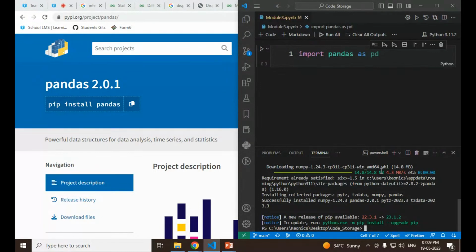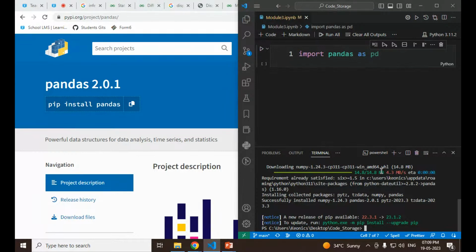Go back to it. Sorry. Fine. So this is a new version. The fifth version is not installed; fifth is the old one. Copy this. Right, so pip install upgrade.